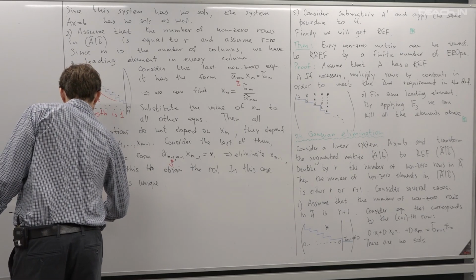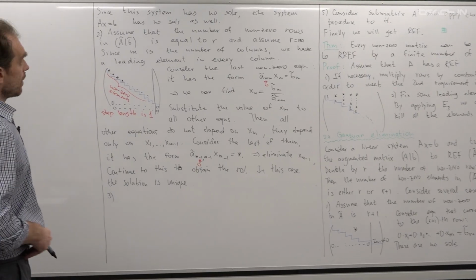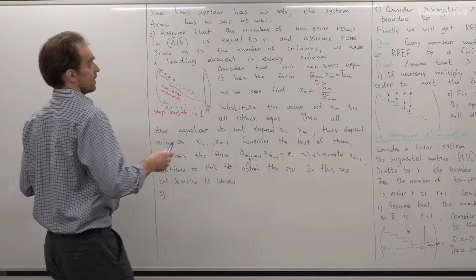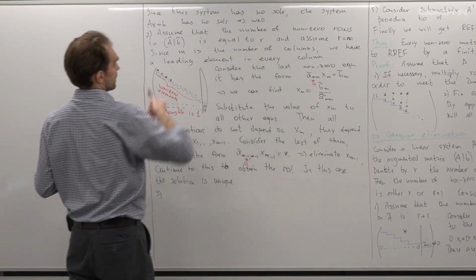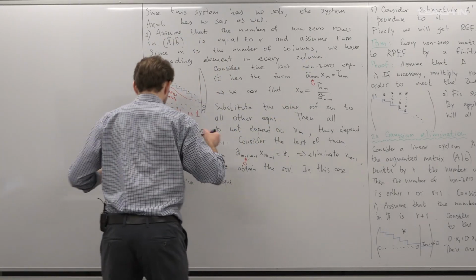Okay, and so the last case is when the number of non-zero rows is still equal to R in the augmented matrix, but here we assume that m is greater.